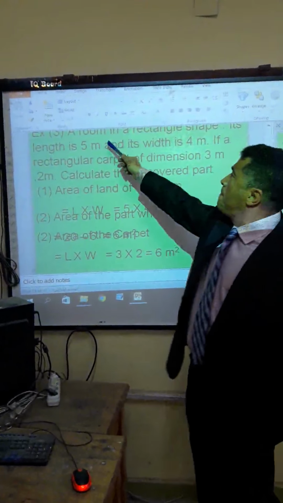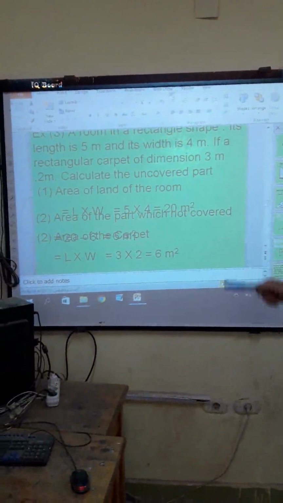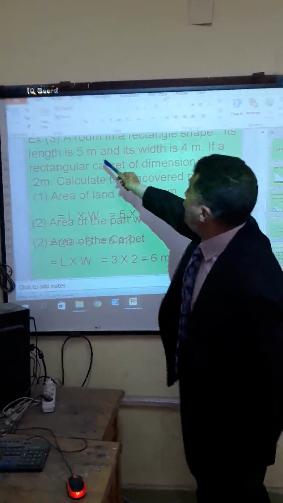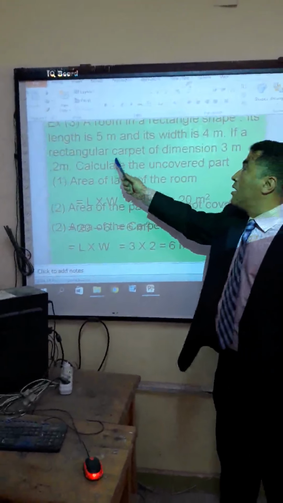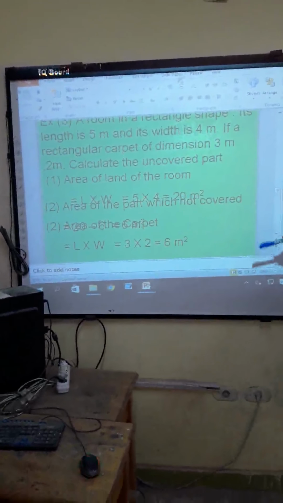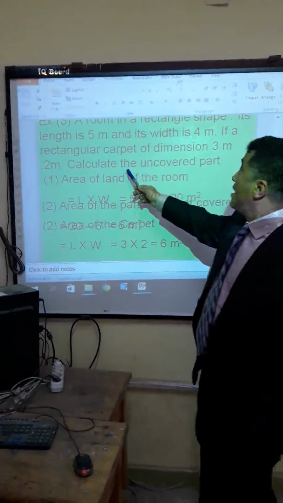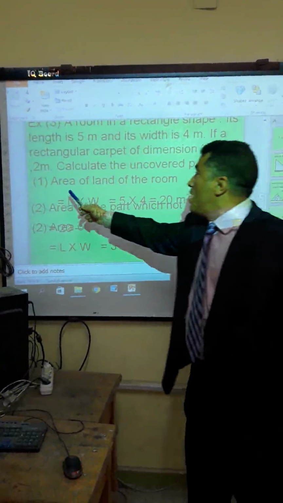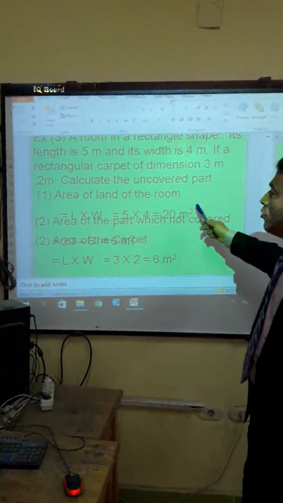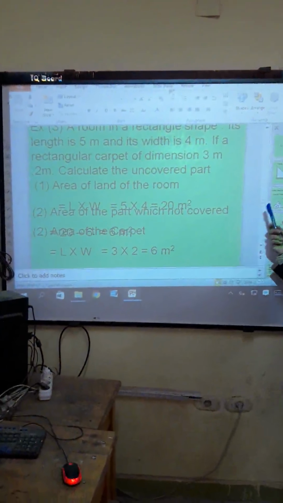A room in the shape of a rectangle. Its length is 5 and its width is 4. If a rectangular carpet of dimensions 3 and 2 is placed, find the area of the part which is not covered.